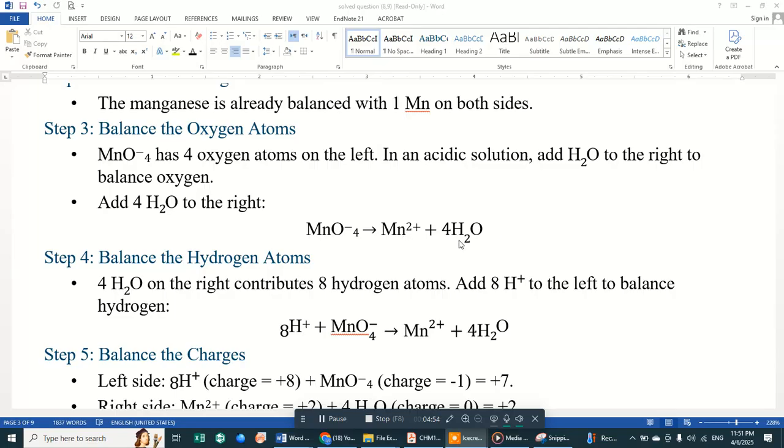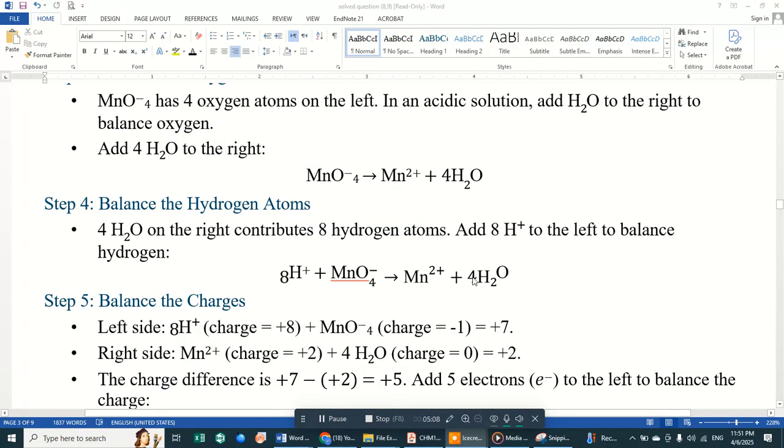That's the hydrogens. On the right-hand side, 8 hydrogens are produced, 4 multiplied by 2, that's 8. To balance these 8 hydrogens, we put 8 protons on the left-hand side. It means manganese is balanced on both sides, oxygens are balanced on both sides, as well as our hydrogens are balanced on both sides.